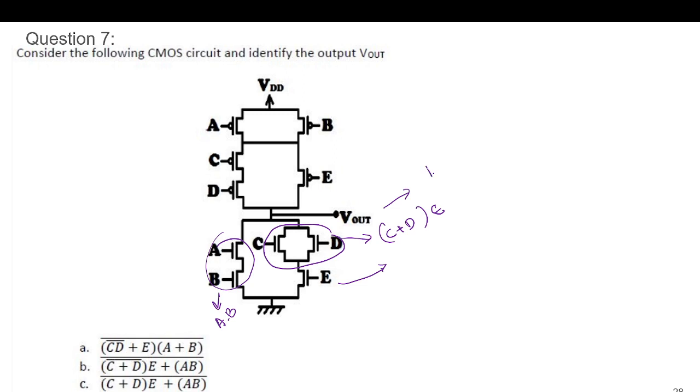So this will be AB plus, because it's parallel, C plus D, and the common is E, the whole complement. It is option C: C plus D in and E, and then A plus B.